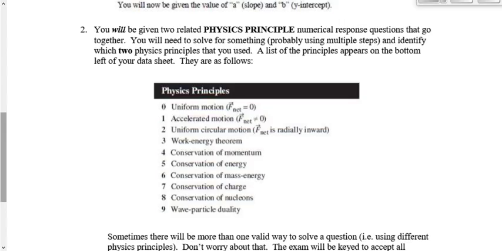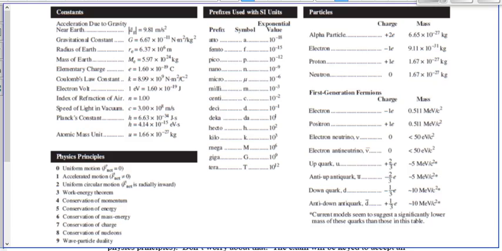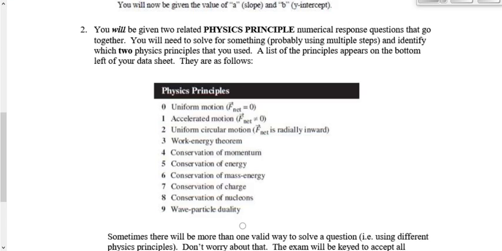These physics principles, 0 through 9, are listed on your data sheet in the bottom left-hand corner. Everybody should go to their data sheet right now, find those physics principles, and make a couple notes on those physics principles that I'm going to make as we go through this over the next few minutes. We should be familiar with these already, more or less, but we're going to go through all 10 of these, just one more time, to make sure that you're okay with it.